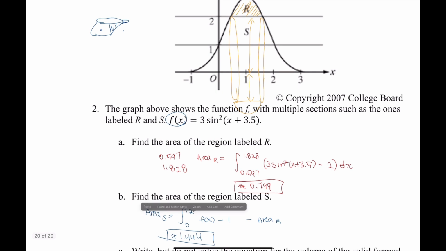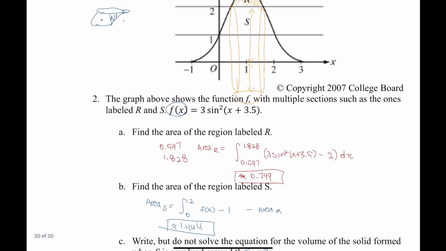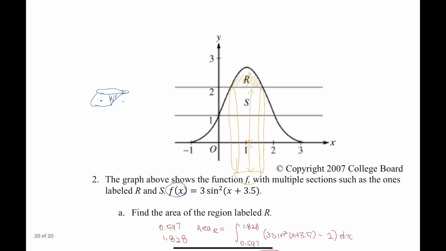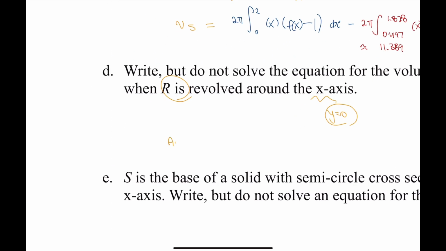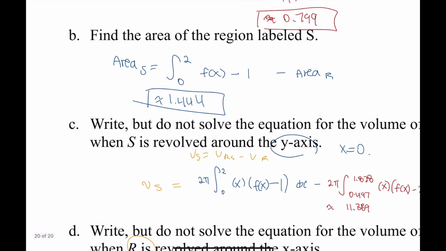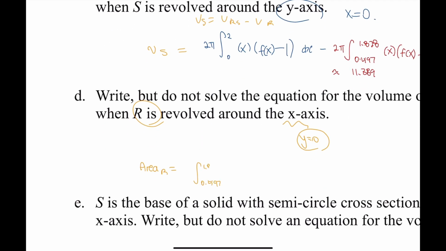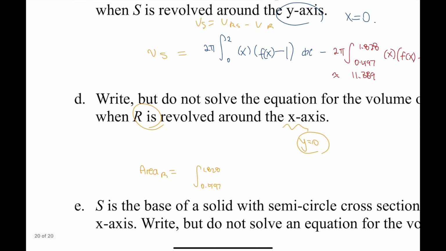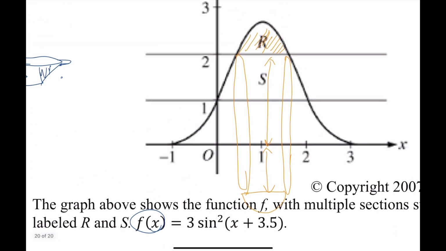Okay, so starting off, we have our integral, area of R equals integral from 0.597 to 1.828, and then we also have pi outside. Let's find our radius.